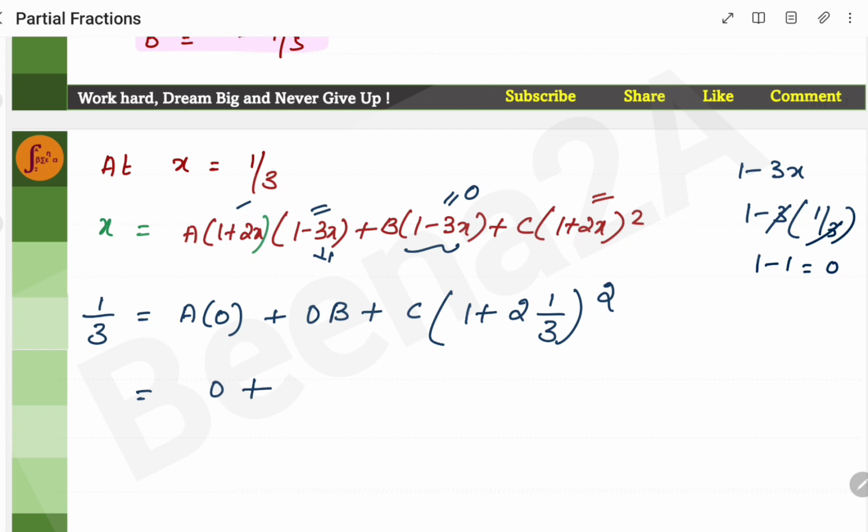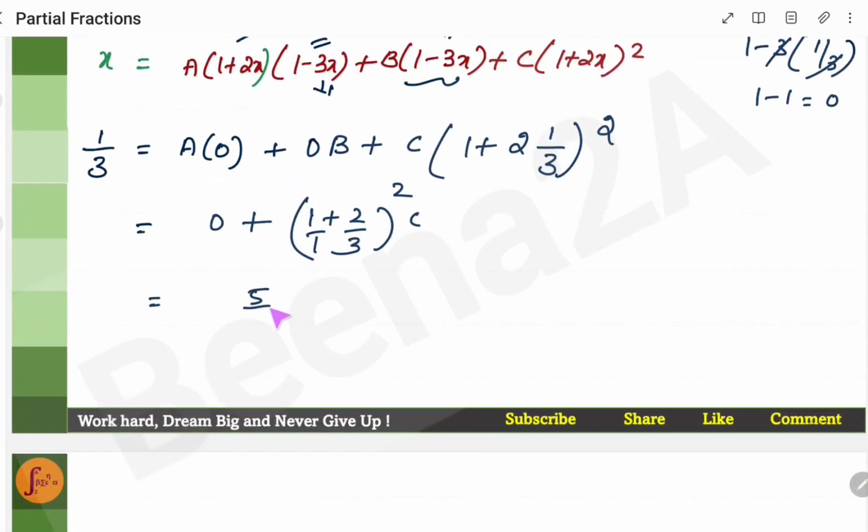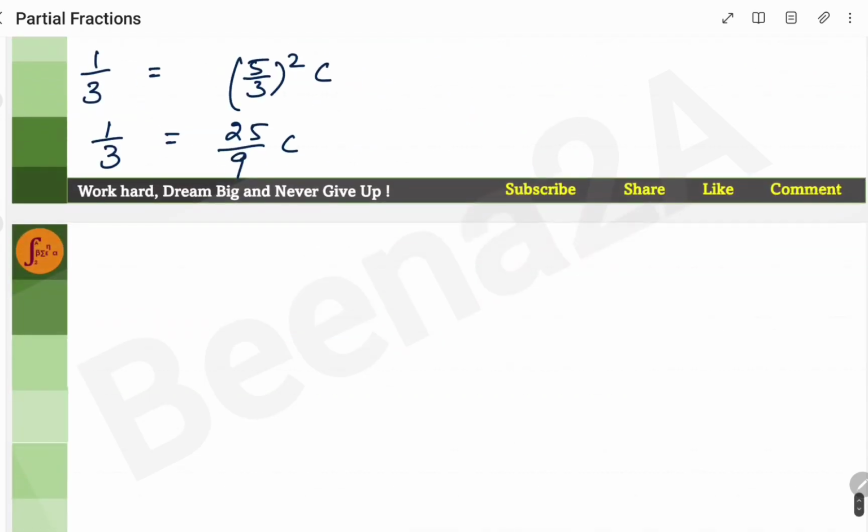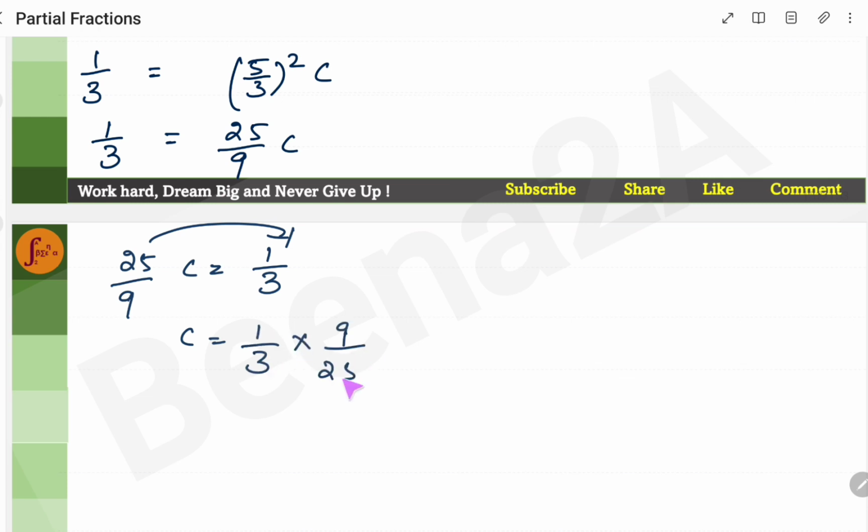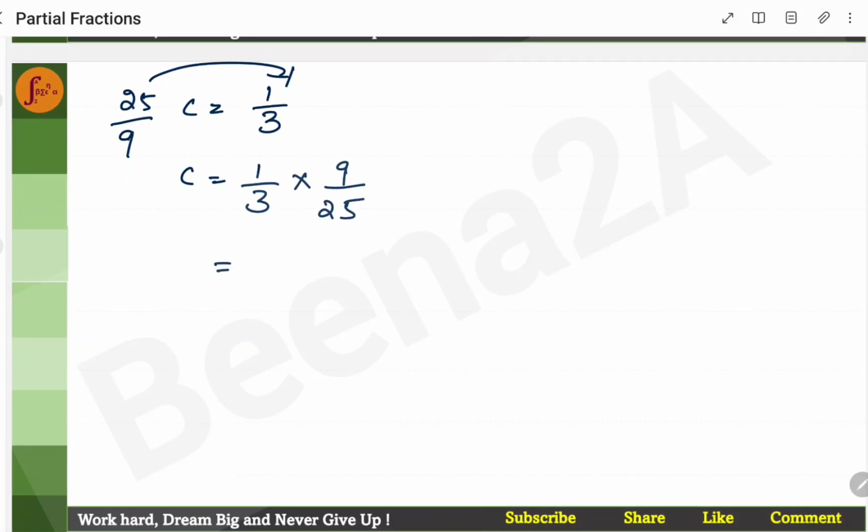So we'll get 0 plus 1 plus 2 by 3, the whole square. 3 plus 2, 5 by 3, the whole square. C is equal to 1 by 3. So this will be 25 by 9 C. So now I'll take 25 by 9 C is equal to 1 by 3. So C is equal to, if I shift this here, it will become reciprocal. It will become into 9 by 25. So 3 1s are 3, 3 3s are 9. So C is equal to 3 by 25.